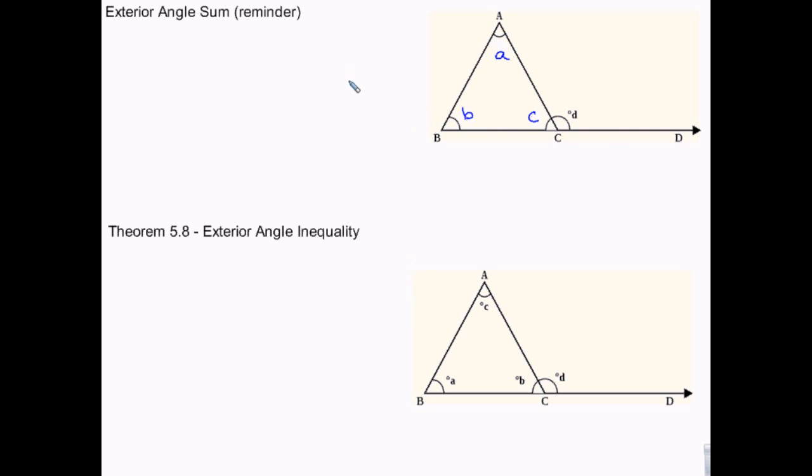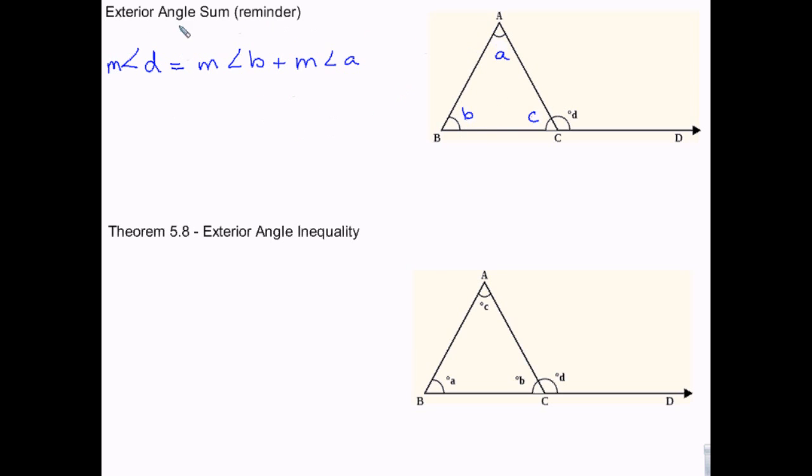Makes more sense. So if you remember the exterior angle sum, the measure of angle D is equal to the measure of angle B plus the measure of angle A. So the outside angle is equal to the 2 angles on the opposite side of the triangle added together. Okay.